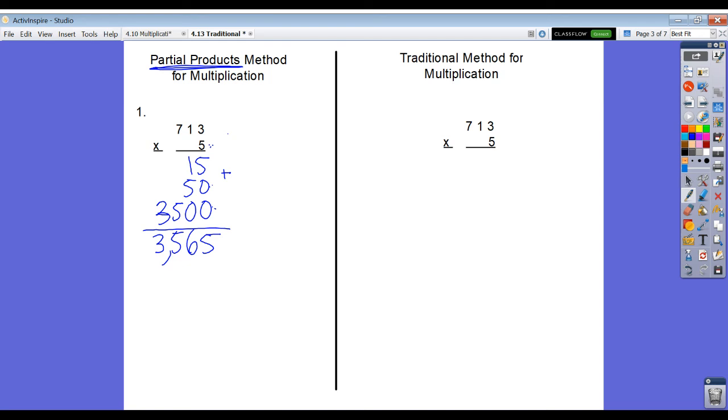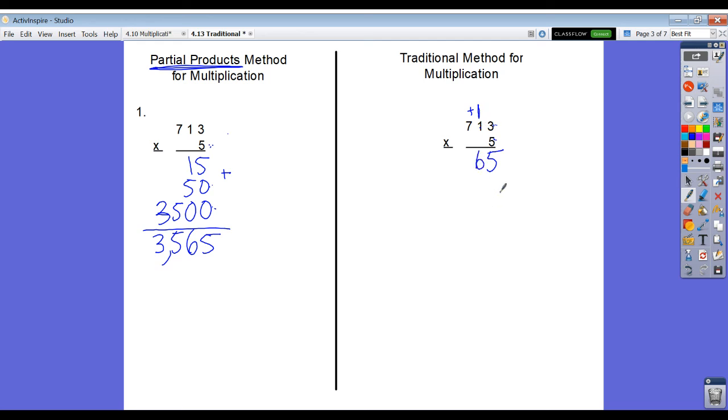Okay, but now let's look at this with the traditional method, the super shortcut. And we are always going to start, you must start where? In the ones place. Okay, so 5 times 3 is 15, but this time I'll write down my ones, regroup my tens, little plus sign up there. Okay, 5 times 1 is 5, plus 1 more is 6.